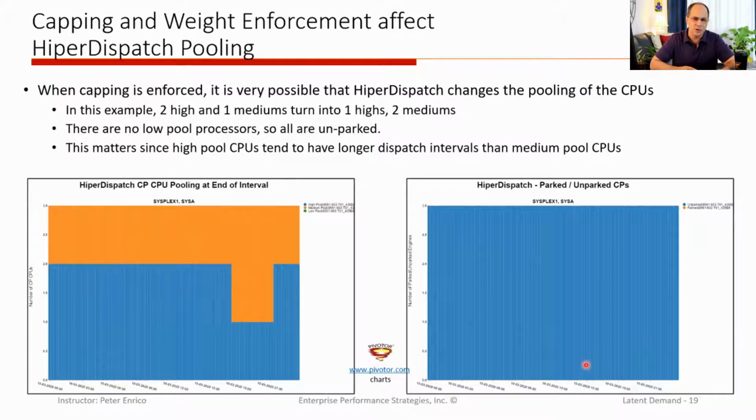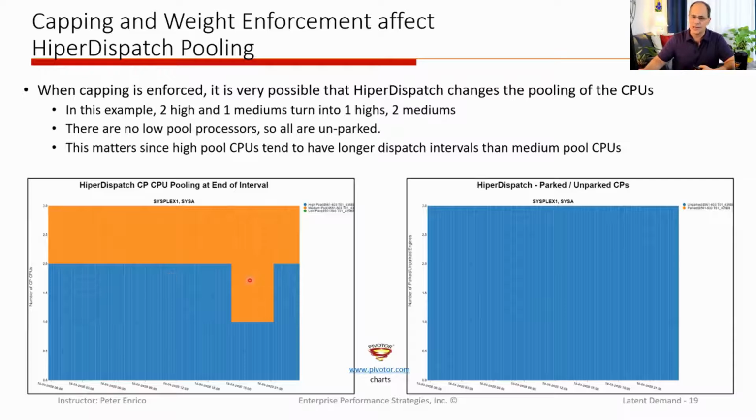Another thing to look for that identifies periods of time during capping is when you see changes in the pooling of the processor, or changes in the parking and unparking of the processor. Now, this particular example is not very interesting, but the basic concept here is that I have some medium and high pool processors, and when this cap goes on, in this particular case, as I said, we probably know it's a cap, we change the pooling, because now this particular LPAR is not so much guaranteed as limited in the amount of CPU it's allowed to have.